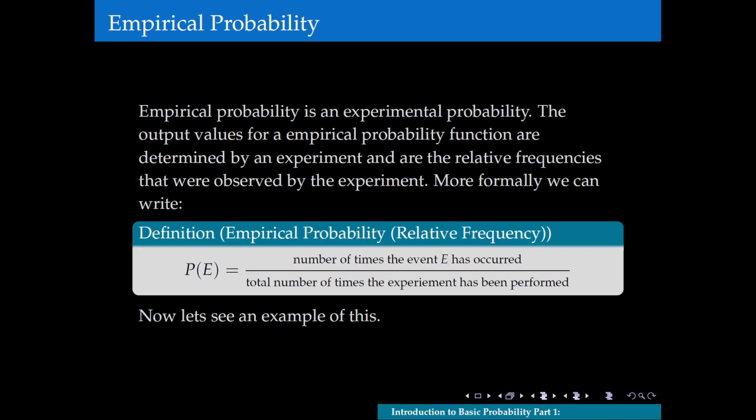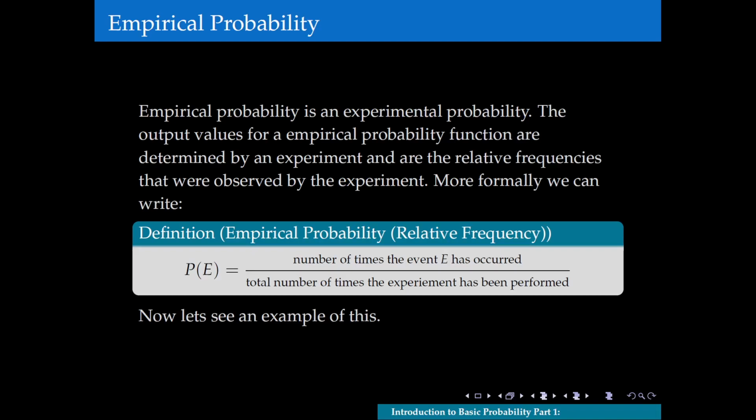And then we interpret the empirical probability by the relative frequencies of how many times we've noted that a certain event has occurred. So formally speaking, we can say the probability of an event E, if we're dealing with empirical probability or relative frequency, is the number of times that the event E has occurred, right? So the number of times that the outcomes in the event have been observed, and we divide that by the total number of times the experiment has been performed.